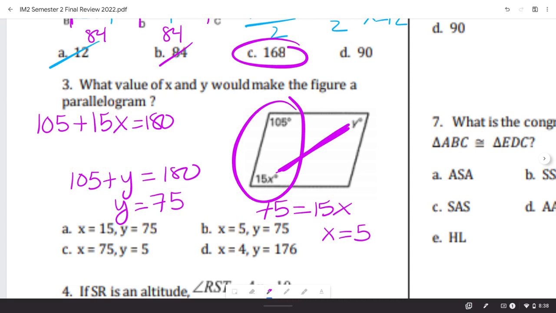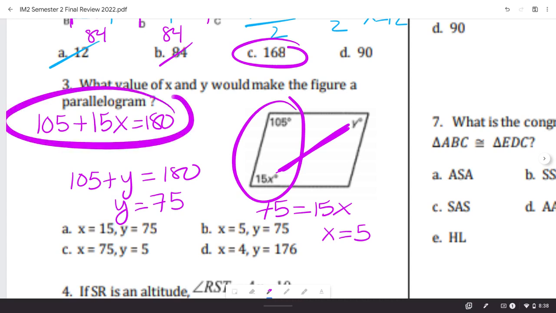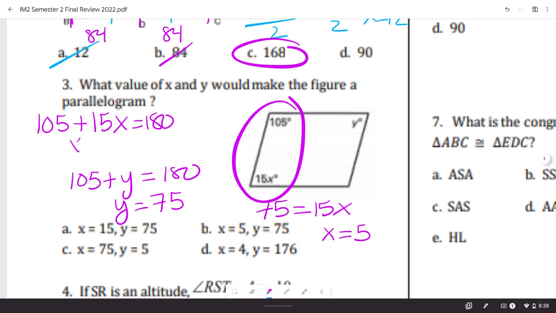Okay, you could do that. Or you could use this. Since they're on the same side, they're going to be supplementary. Either way, you should get x equals 5. Okay, so x equals 5 and y is 75.